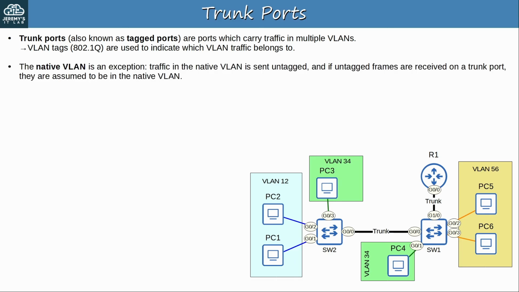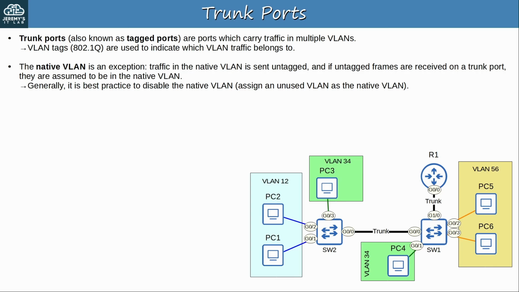Now, not all traffic sent over trunk links is tagged. The native VLAN is an exception, because traffic in the native VLAN is sent untagged. Also, if untagged frames are received on a trunk port, they are assumed to be in the native VLAN. Note that the native VLAN is a feature of .1q only, not ISL, and it's best practice to disable the native VLAN.